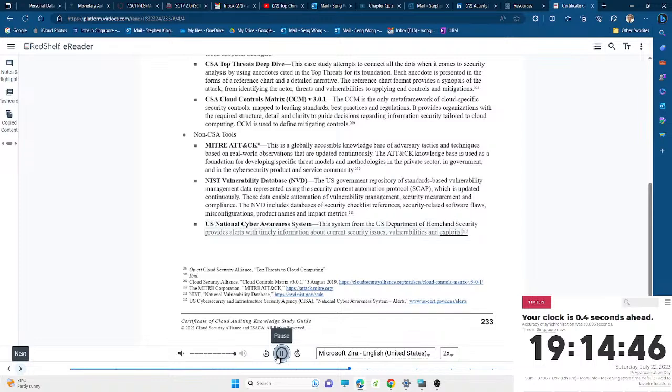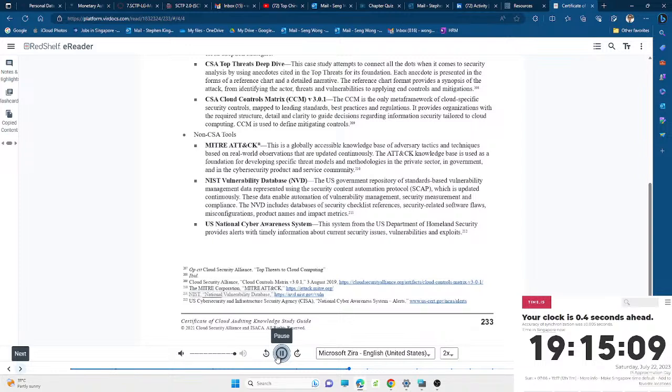Footnotes: 207. Cloud Security Alliance, Top Threats to Cloud Computing 2020. 208. Ibid. 209. Cloud Security Alliance, Cloud Controls Matrix v3.0.1, 3 August 2019, https://cloud-security-alliance.org/artifacts/cloud-controls-matrix-v3-0-1. 210. The MITRE Corporation, MITRE ATT&CK, https://attack.mitre.org/. 211.